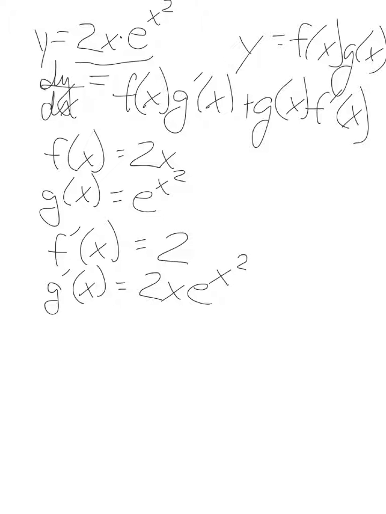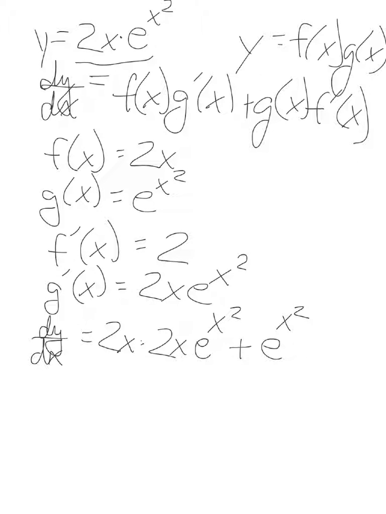Okay, so in order to get the derivative of the whole thing, you're going to have f of x, so there's your 2x, times g prime of x, so that's times 2x e to the x squared, plus g of x, which is e to the x squared, times f prime of x, which is 2.